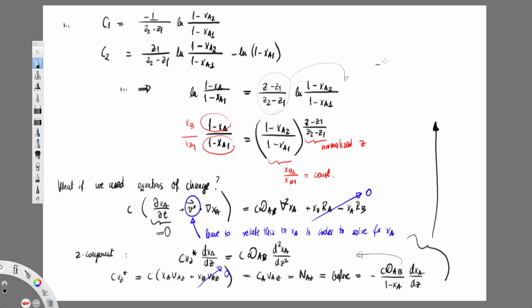Basically, I have minus 1 over 1 minus XA DXA DZ is square. When I divide by, and this is the standard problem with equations of change. We got like a second order equation ready to go. Whereas when you do shell balance, you kind of do step by step and it's clear what to integrate step by step.